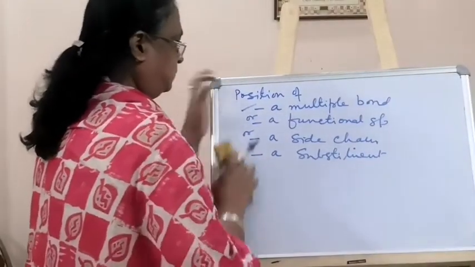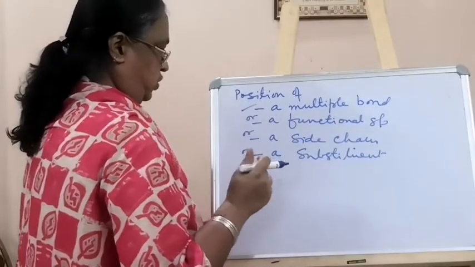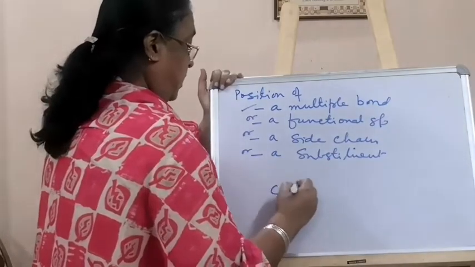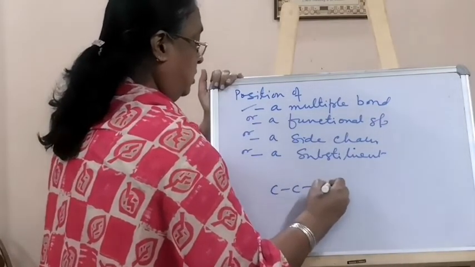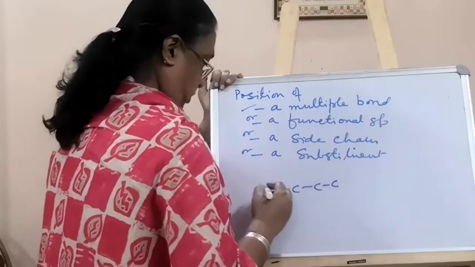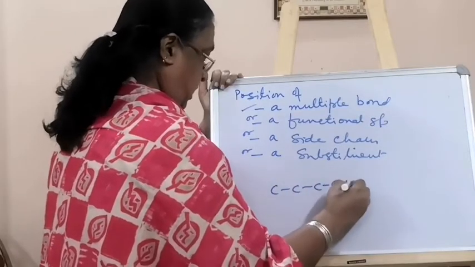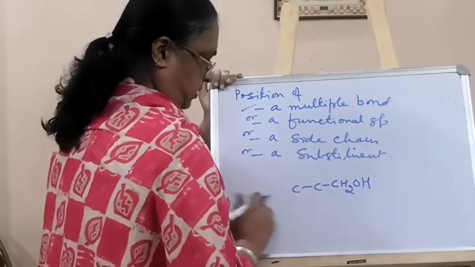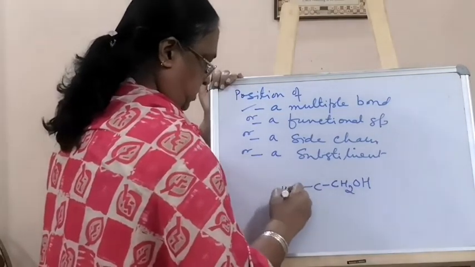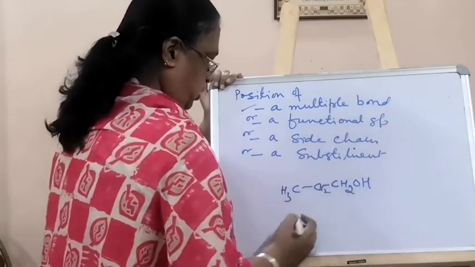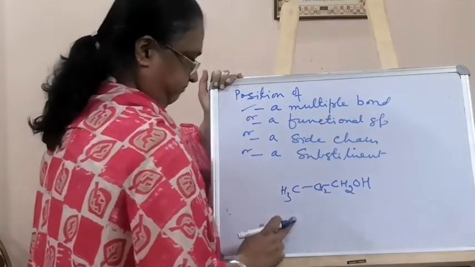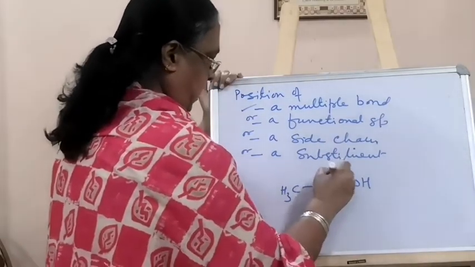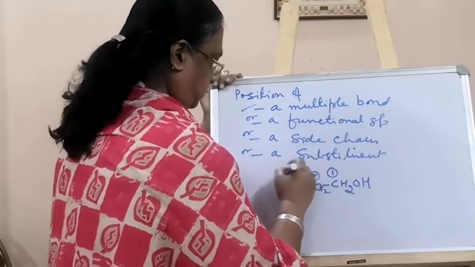Now the functional group position different. 1, 2, 3 and 4 and CH2OH. Even you can take 3 carbon also, in this case no problem. CH3, CH2, CH2OH. This is propanol. OH is at carbon 1.